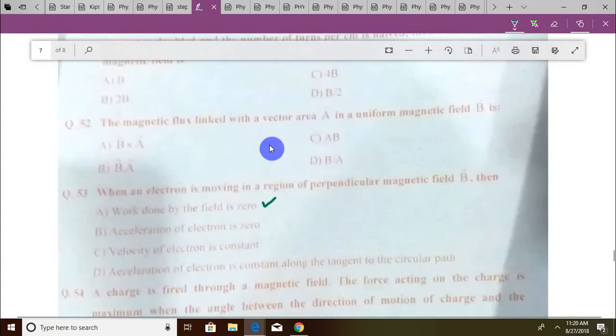The magnetic flux linked with a vector area A in a uniform magnetic field B is, so we're talking about the magnetic flux linkage with vector area A in a uniform magnetic field. Magnetic flux is a vector quantity, and a vector quantity is what you call a cross product.